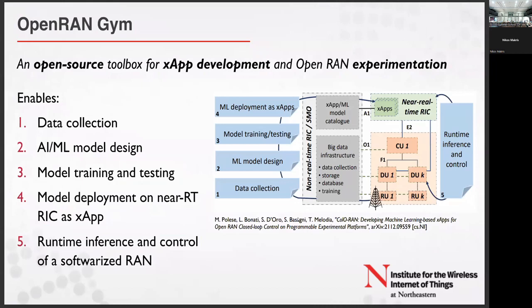So what does it enable? It enables data collection, AI/ML model design, training, testing, deployment on the near real-time RIC, and runtime inference and control on a software radio access network. So that's a mouthful, but what does that actually mean? On your right side is where we have the ORAN architecture with multiple DUs, CUs, RUs, and the near real-time RIC.